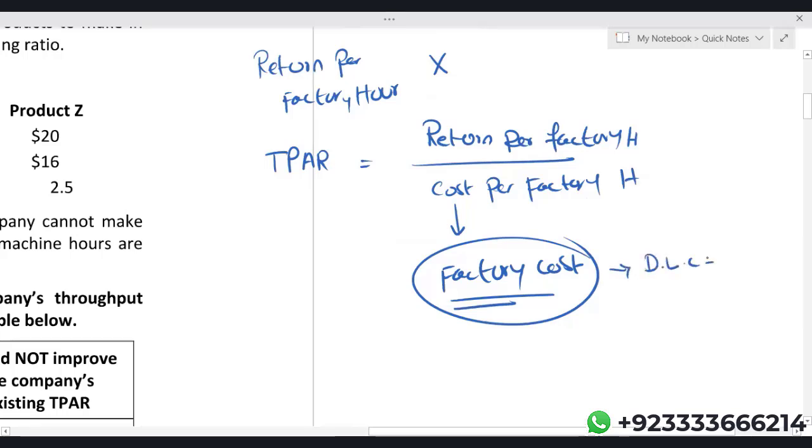Direct labor cost plus production fixed overheads. In the factory cost, we are not going to consider any non-production cost. Once you have calculated factory cost, it will be divided by the factory hours. If your factory cost is per week, you divide by the hours per week. If it is per month, you see what the factory hours per month are. You will get factory cost per factory hour.